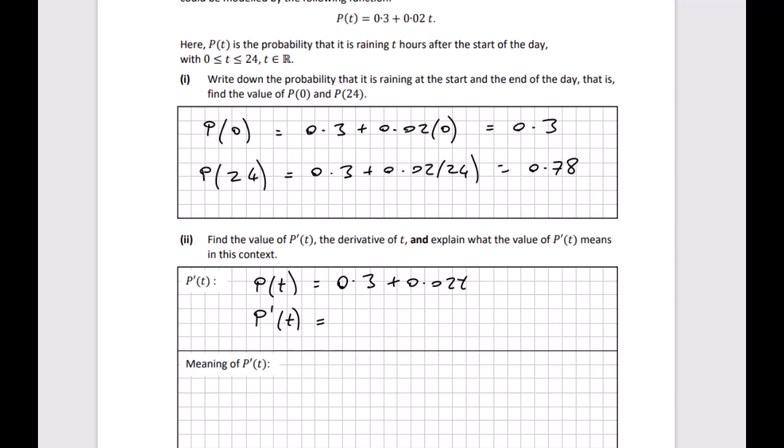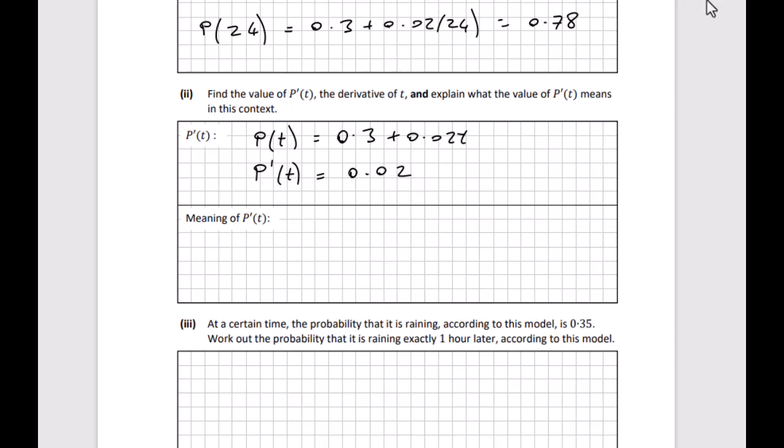So the constant, if you do a derivative of 0.3, you'll get 0 because it's a constant. Here, there's a 1 up here, so bring the 1 down, multiply it by the 0.02. Subtract 1 from the 1 up here, that gives you 0. t to the power of 0 is 1. So you get 1 times 0.02. In other words, our answer is just 0.02.